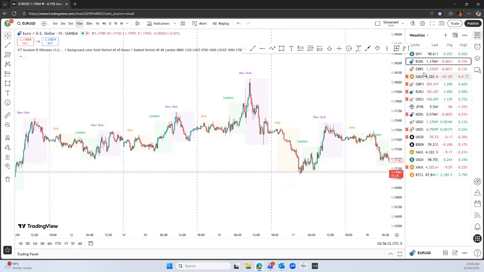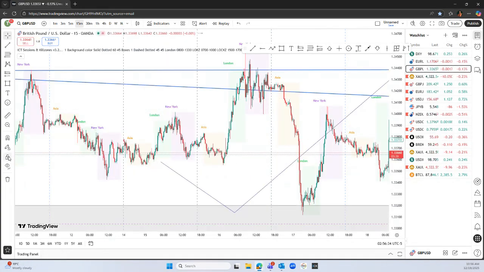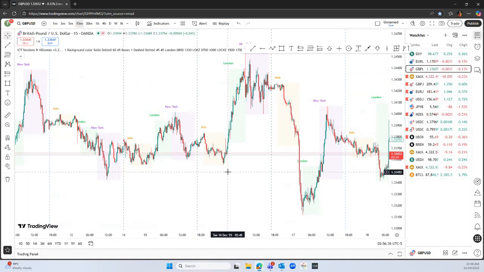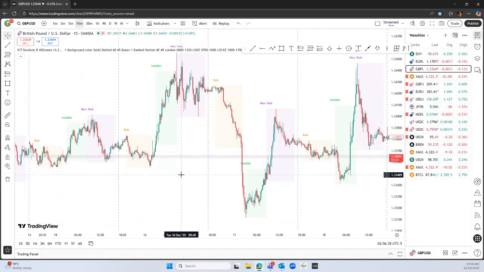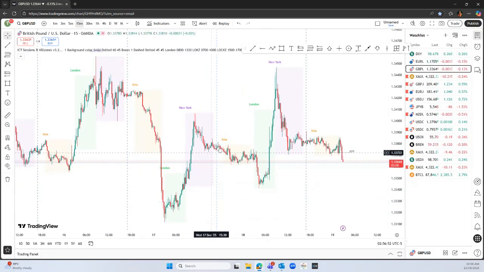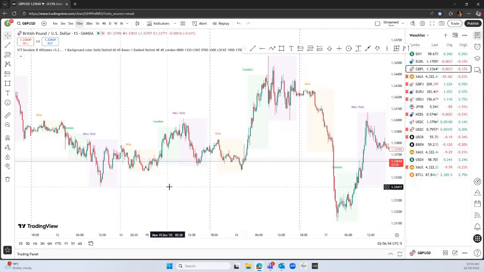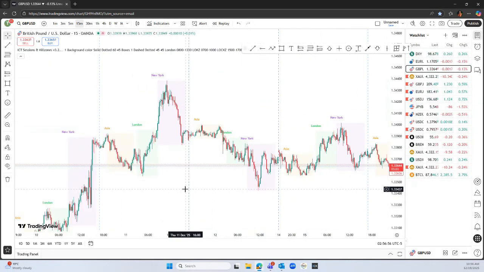The other pair that is ideal for beginners is GBP/USD. When you look at GBP/USD, this is more volatile than EUR/USD. It has clear directional pushes. As you can see, it opens up, then pushes down. You can see the moves are very clear. It is a good pair for structure and trend work.